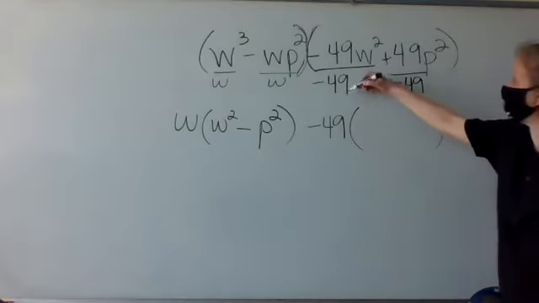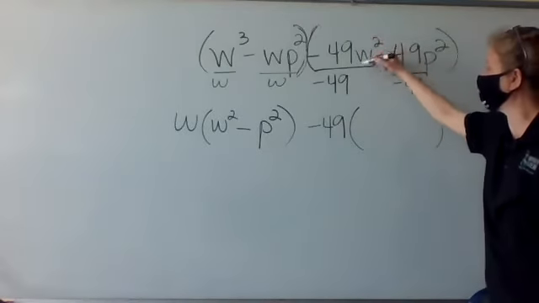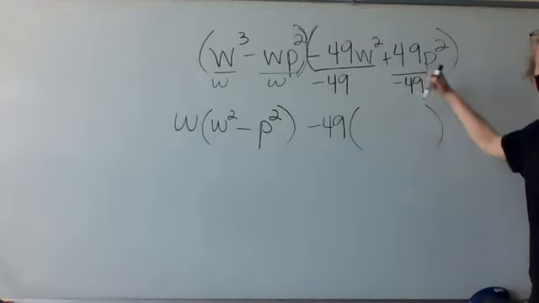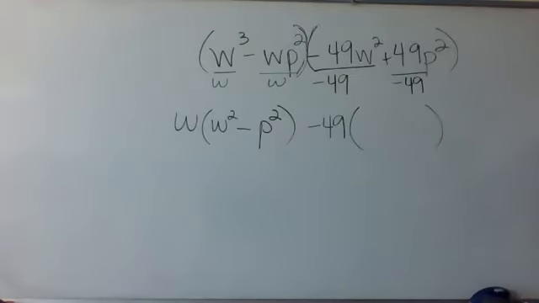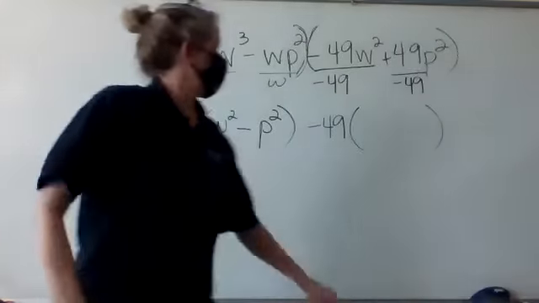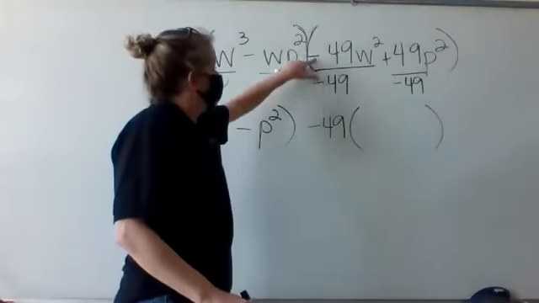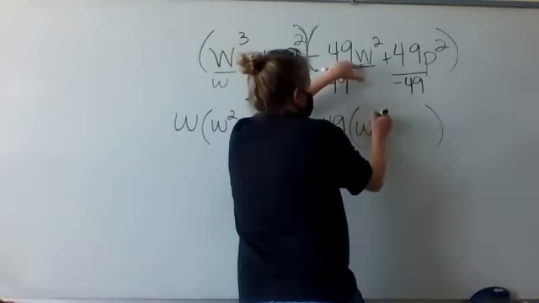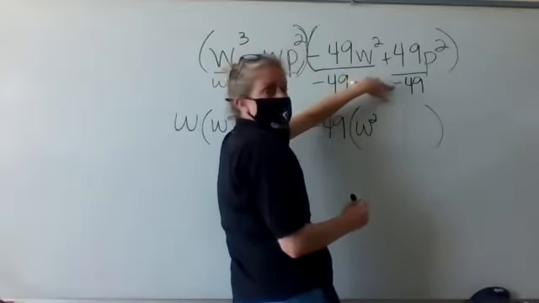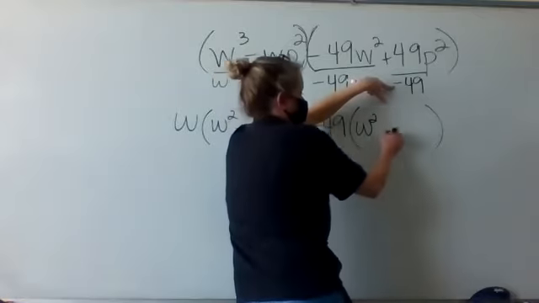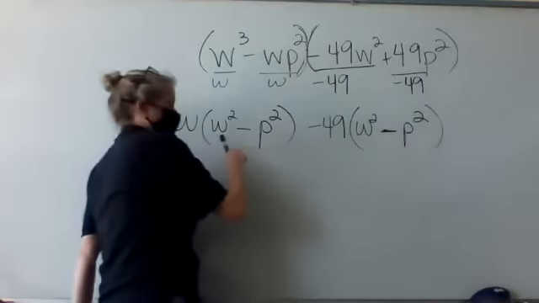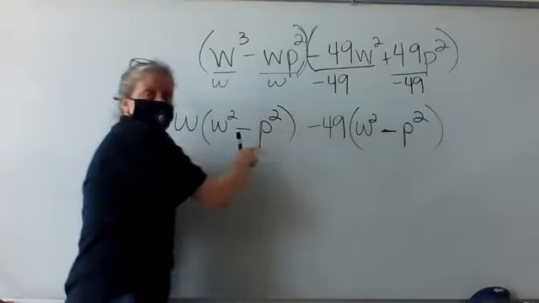If that's what you need to divide by to just have a W squared, that means you're pulling out negative 49, and you're dividing both of them by negative 49. So here at the front, what am I left with? If I divide by negative 49, all I'm left with is W squared, positive divided by a negative. So that's going to be minus P squared, which is what I want it to be.